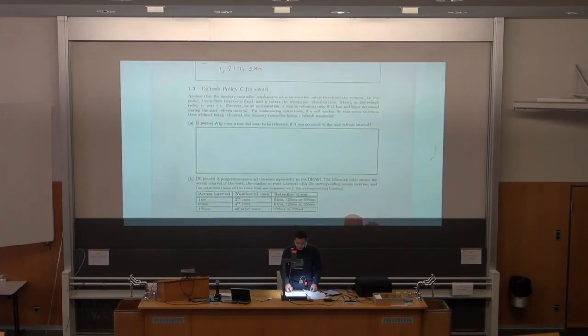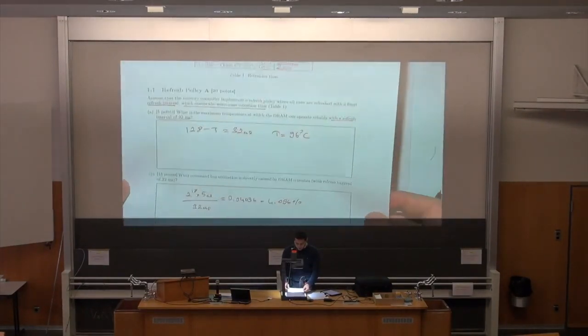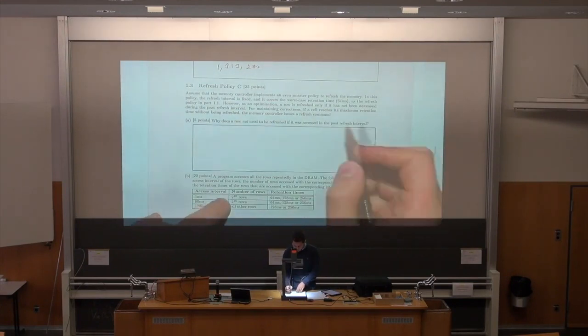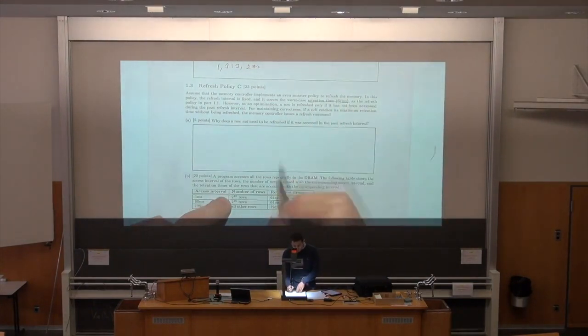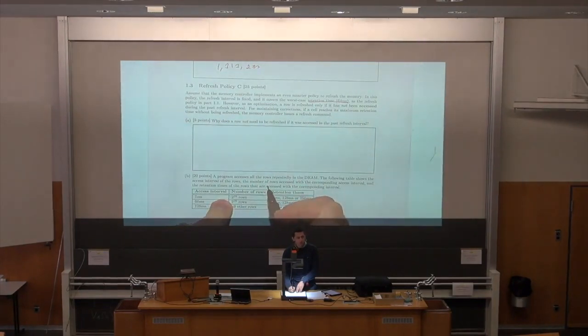So basically this is the same policy as the first one, where we take the worst case in the retention time, and then the memory controller refreshes all the rows based on this retention time. And the retention time is actually given also here. So the memory controller will refresh all the rows every 64 milliseconds.